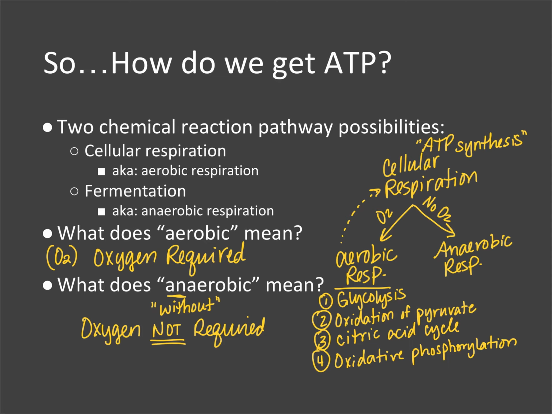And oxidative phosphorylation has two sub events happening. The first one is the electron transport chain. And the second one is known as chemiosmosis.